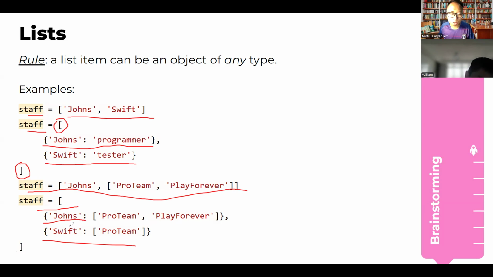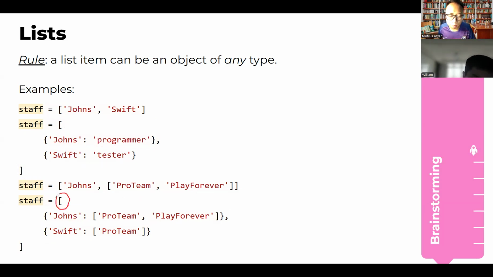If you take a closer look, this is the list, but inside the list there is a dictionary, and inside the dictionary there is a list again as a value, right? So this is a structure that has levels. Do you get it so far? Okay, let's continue.